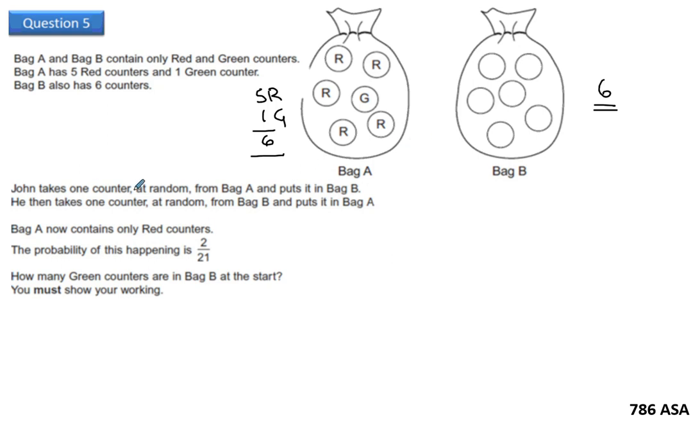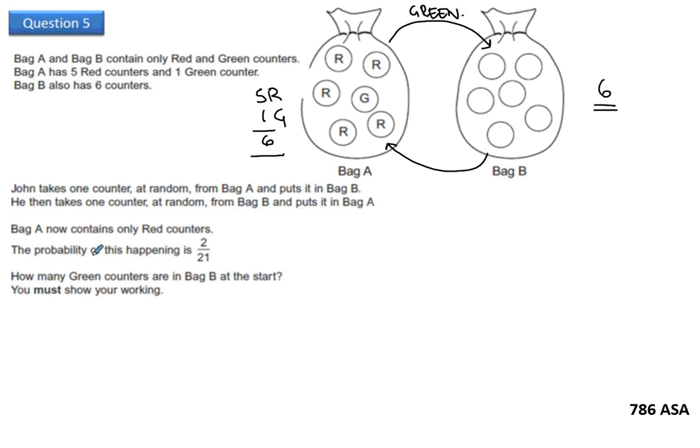John takes 1 counter at random from bag A and puts it into bag B. And then he takes 1 counter from bag B and puts it into bag A. Bag A now only contains red counters, so you can see it must be the green one that went. As you're reading, can you see you're actually preparing?